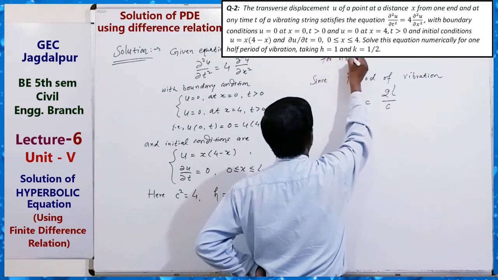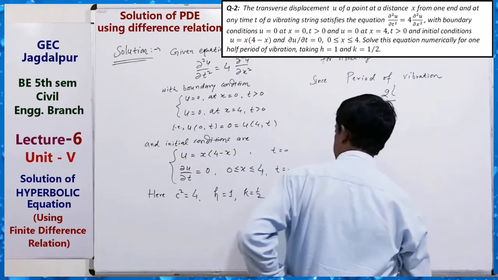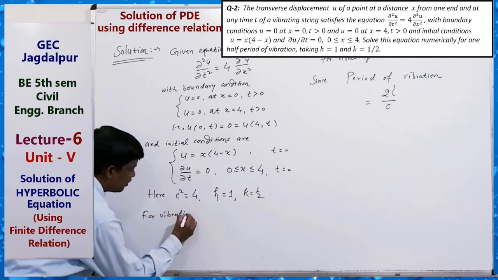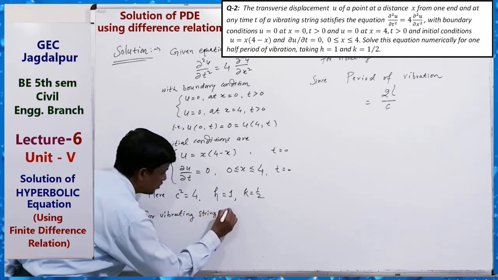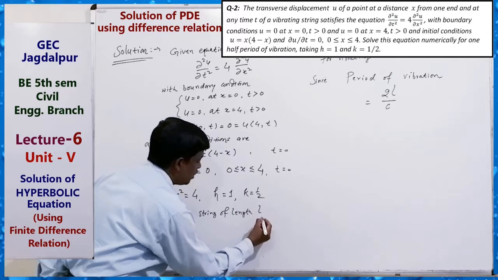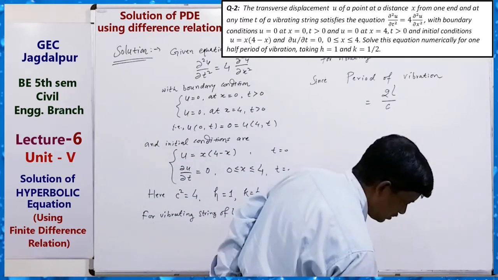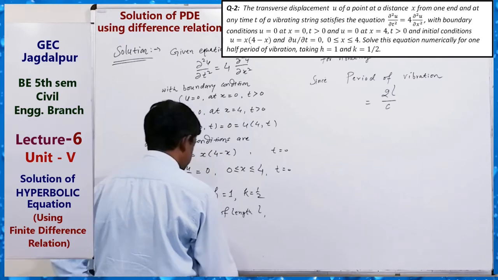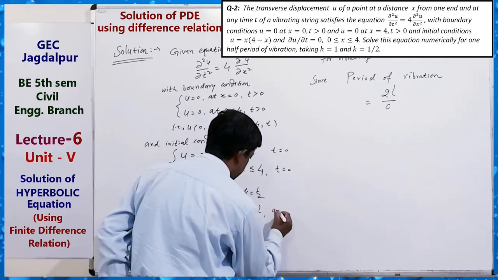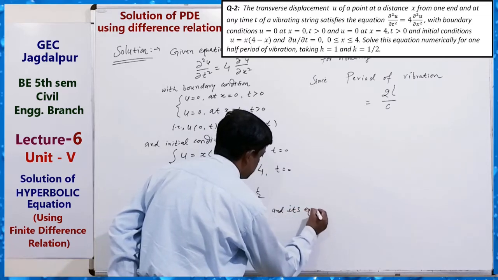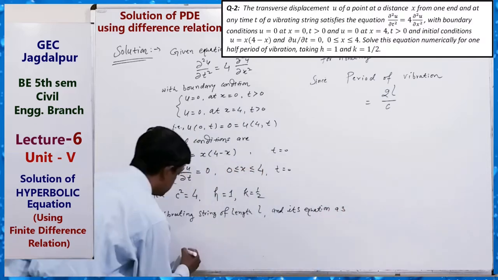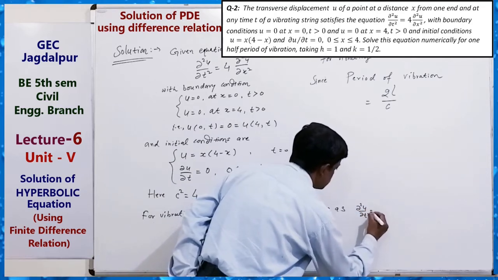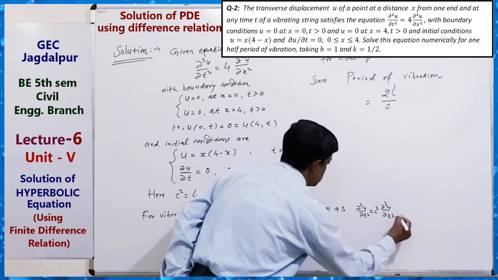L, and its equation is del squared u by del t squared equals c squared del squared u upon del x squared.